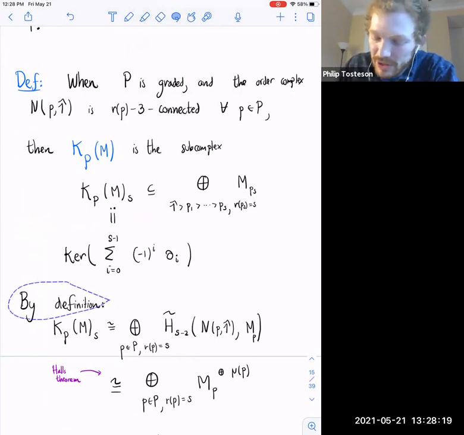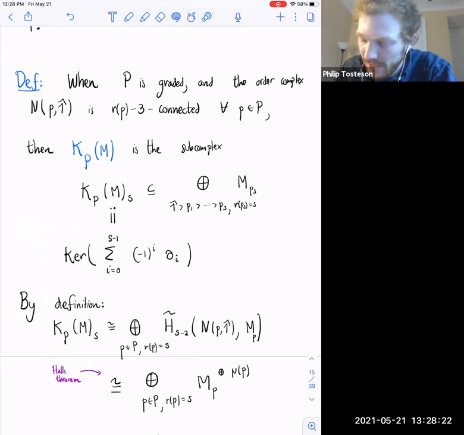But it's actually not so bad if you've worked with these order complexes before, to see that K_P M_s is really the reduced homology of this nerve, this order complex, with coefficients in M. And furthermore, by Hall's theorem, because we've assumed this connectivity, the rank of this group is given by an Euler characteristic, which is an alternating sum over chains.